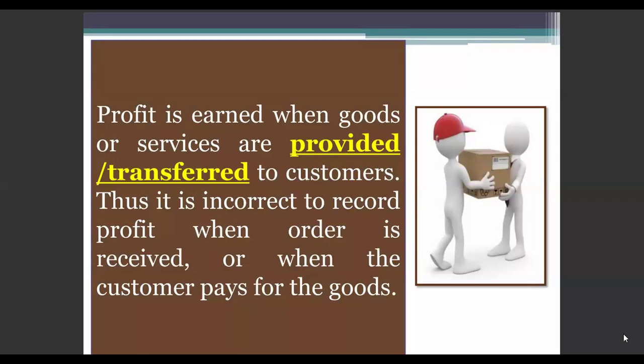When we talk about money measurement, everything is valued in money. So when we're talking about the price of any goods, we should talk about the benefits which we receive. Profit is earned when the goods or service are provided or transferred from one person to another. Thus, when we want to record the profits, we should always remember the benefit or the value which I have received.